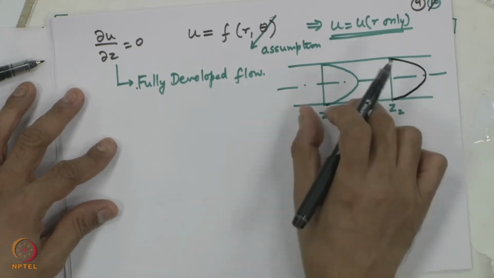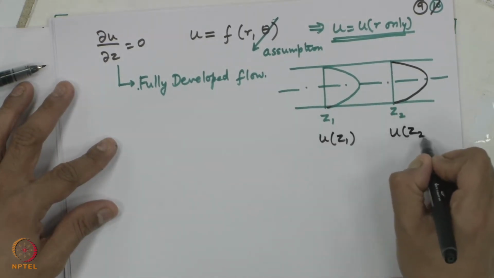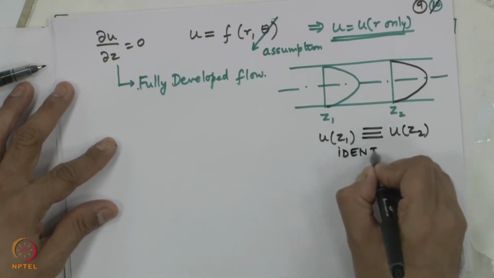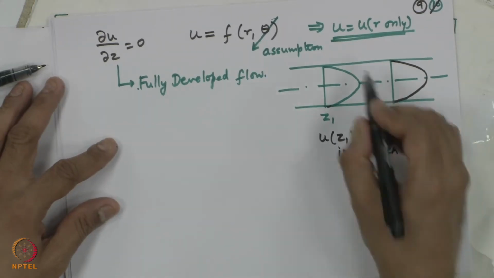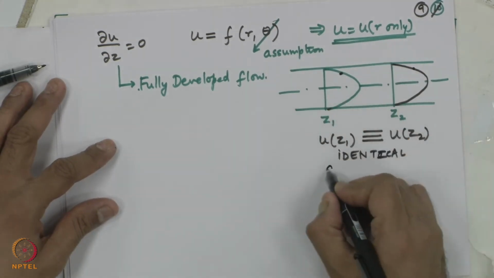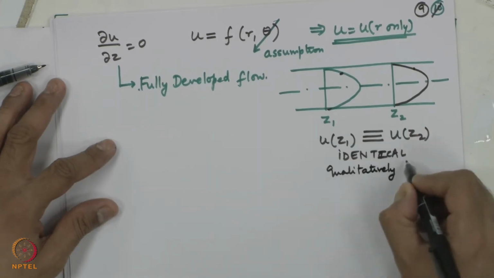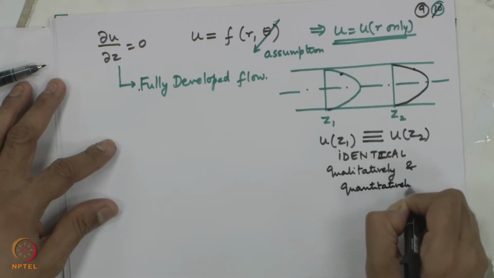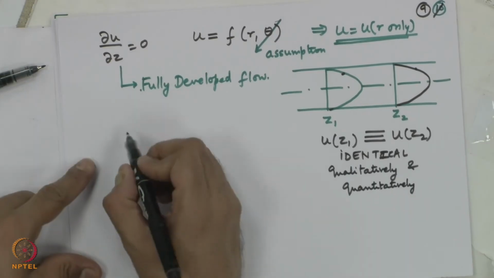So, if I take the velocity profile at z1 and superimpose it with the velocity profile at z2, it is identical, both qualitatively and quantitatively. That means velocity at every point is the same, the curve shape is the same. So, identical qualitatively, that is in shape, and quantitatively, that is in values also. So, this is called fully developed flow.